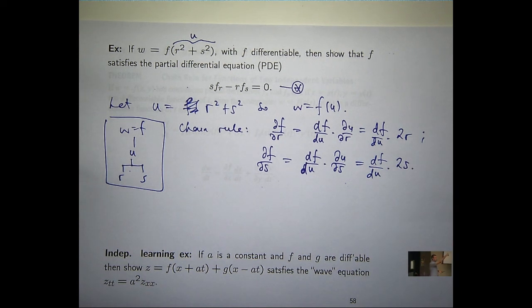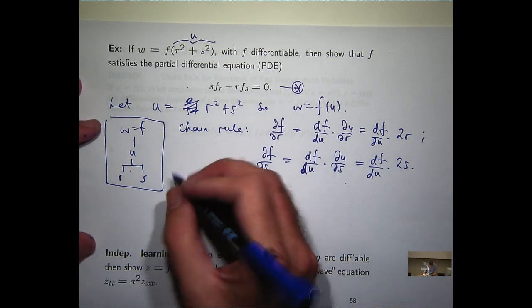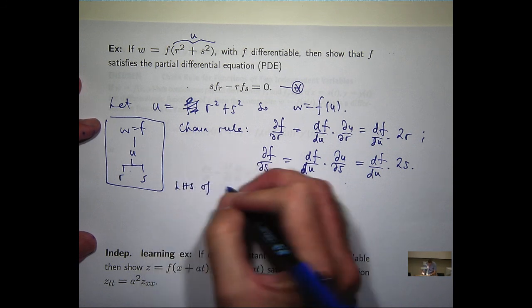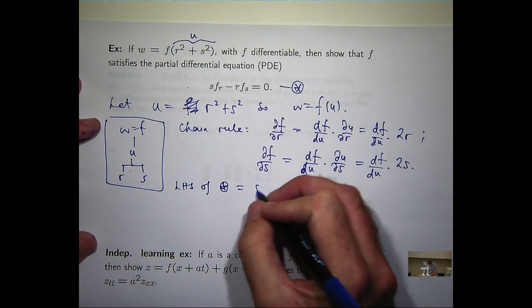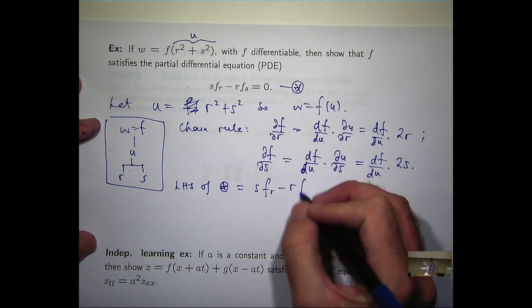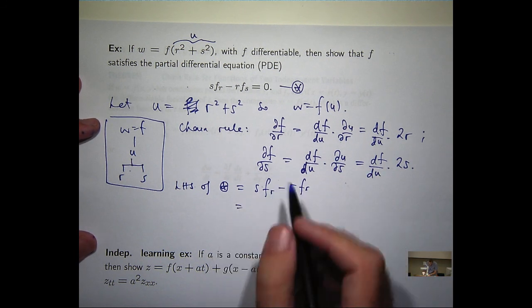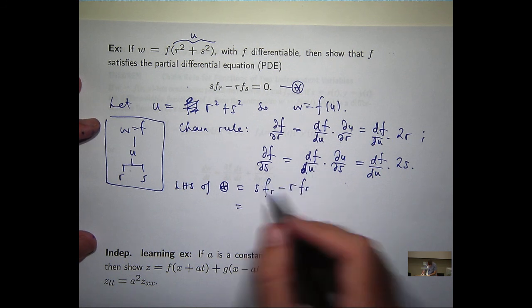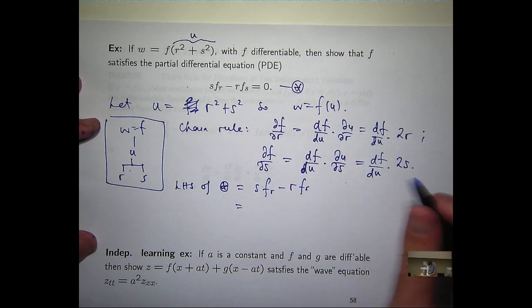Okay, so what I want to do now is take that information and show that the star equation holds. So the left-hand side of star is just this. Now remember, the subscripts mean partial derivatives. So, f sub r means df dr. So let's take what we've got and multiply.